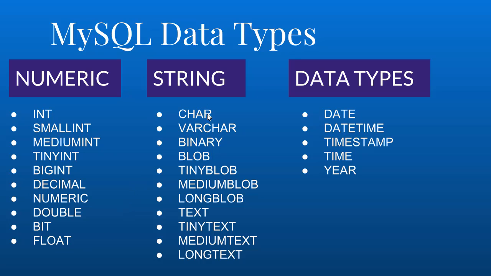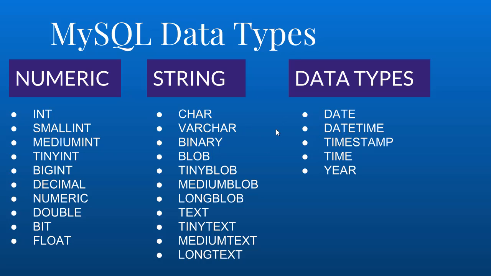And string has character, varchar, binary, and blob for storing images and files. So these are a few data types, and as I mentioned, there are many others in MySQL, like date and time, timestamp, which contains date and time, and year.